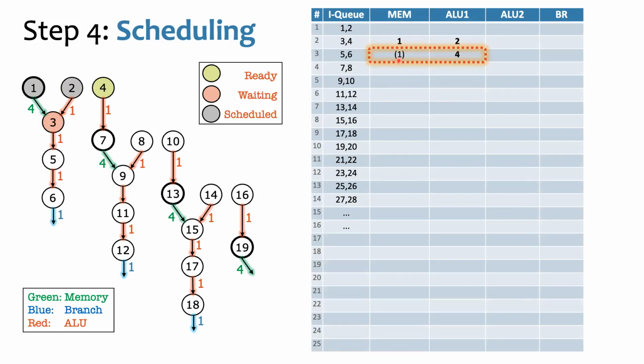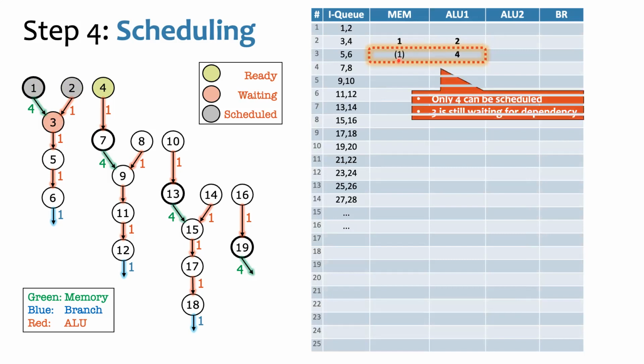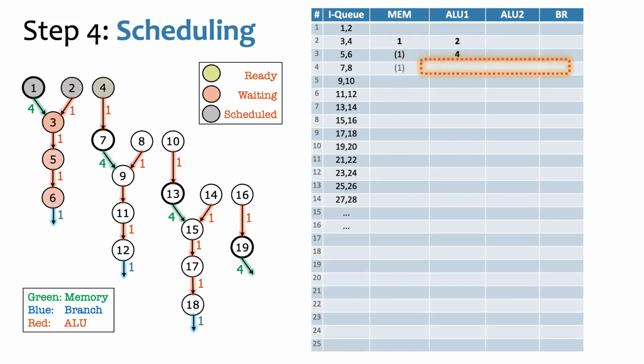All right, and in the next cycle, 5 and 6 will be decoded, but none of them can be put into the pipeline, right? So these 2 new instructions, 5 and 6, they're still waiting for 3. 3 is still waiting for 1, so they're not ready to execute. So right now, 3, 5, 6 are essentially waiting in the reorder buffer, and they're waiting for 1 to complete.